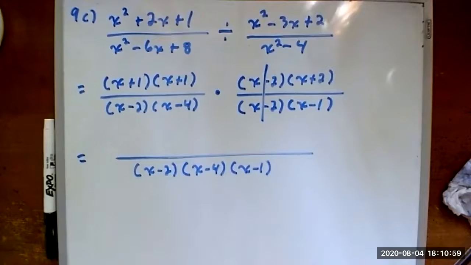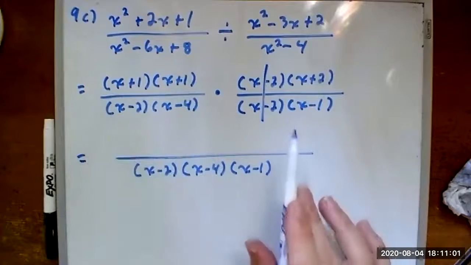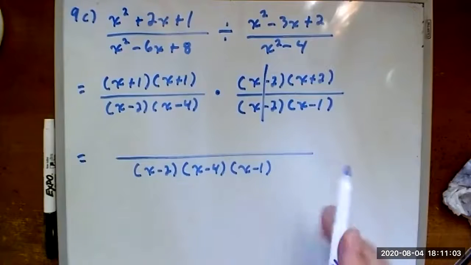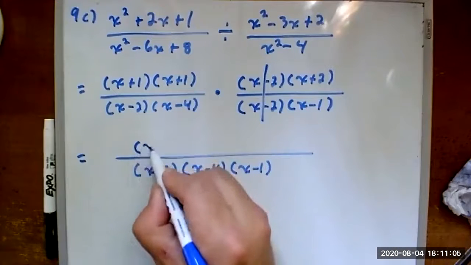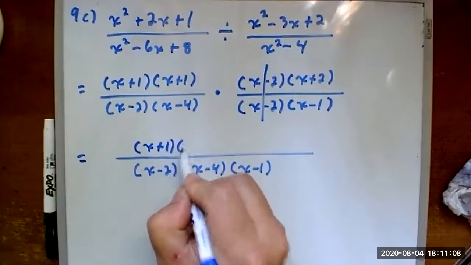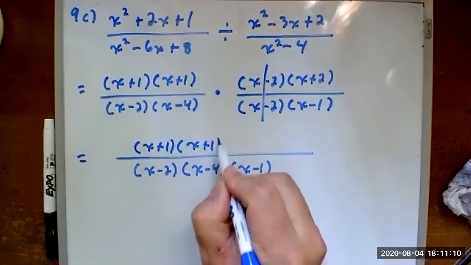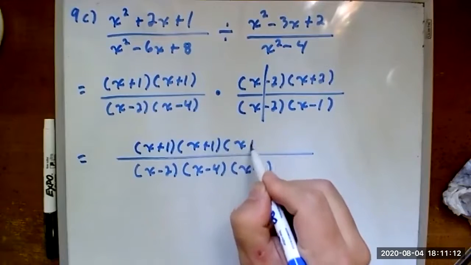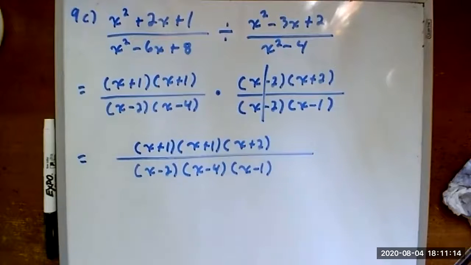Our denominator, we do not need to multiply out: x minus 2, x minus 4, x minus 1. And our top, we could multiply out if we needed to, but I don't think we have to in this case. I think we can leave it as x plus 1 times x plus 1 times x plus 2.